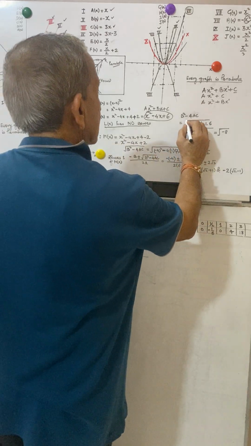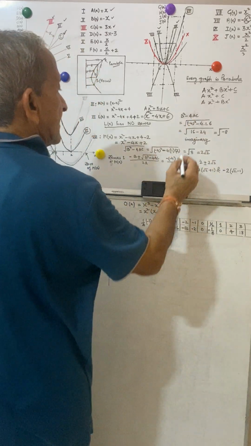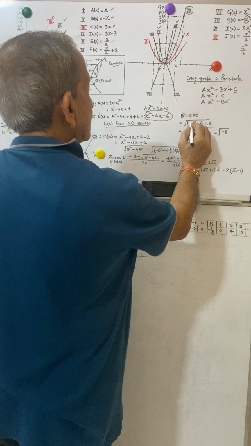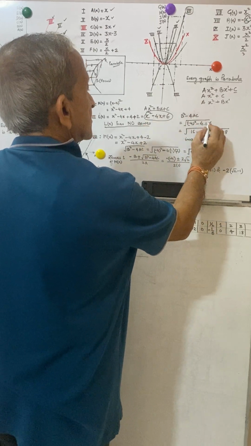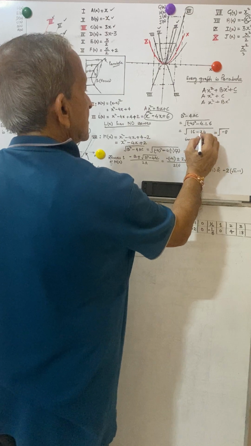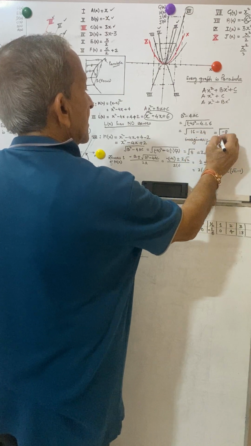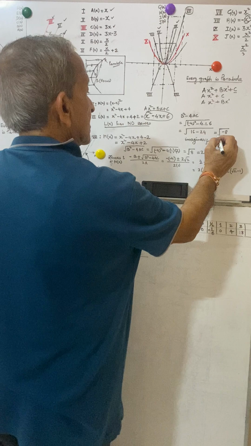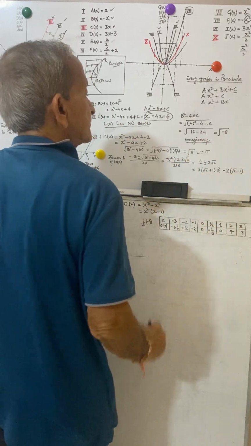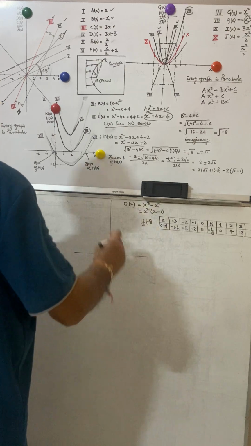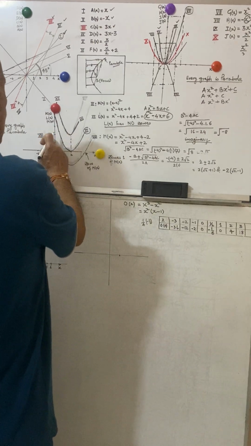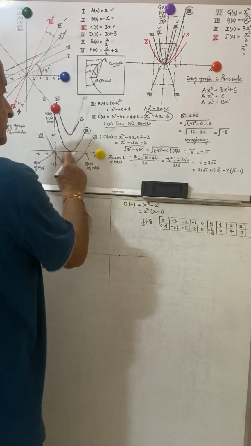Now find the value of b square minus 4ac. It is minus 4 square minus 4 times 1 times 6, this is 16 minus 24, this is minus 8, and root of minus 8 is an imaginary number. As the number is imaginary, it will not cut the x-axis.